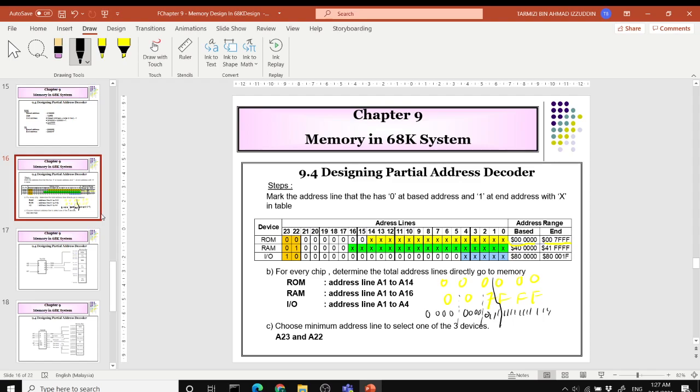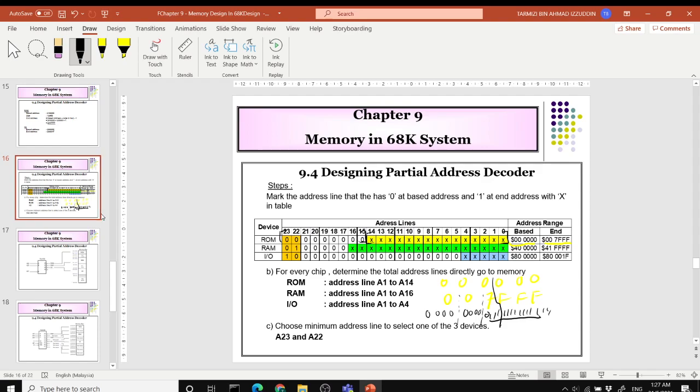So you can imagine that the part that changes from 0 to 1, all of that part you're going to denote by X. The unchanged part is this part over here.